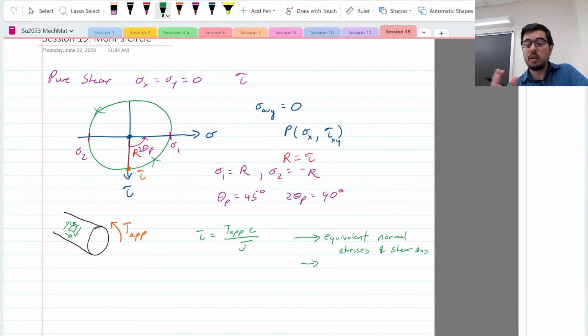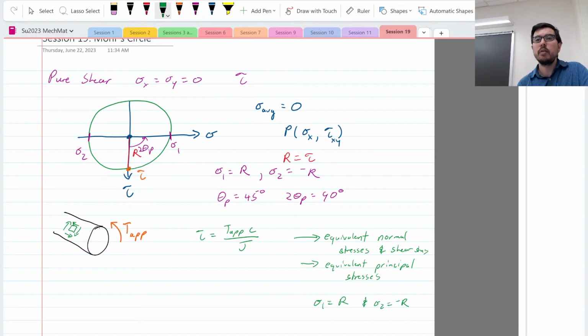It's just, the shear stresses don't go away until I get to the state of principal stress. Okay. So I can figure out what the equivalent principal stresses are as well. And that's where I have my sigma 1 is equal to R, and my sigma 2 is equal to minus R. Okay?